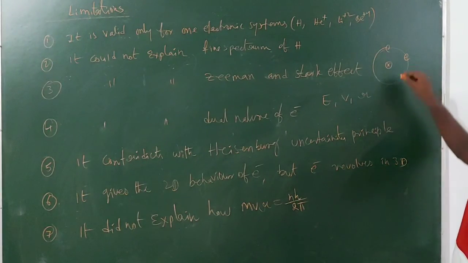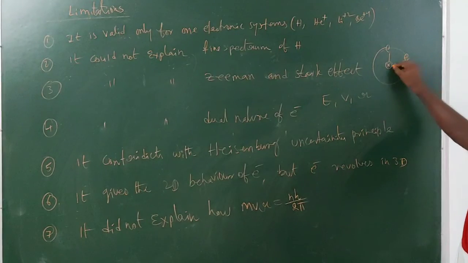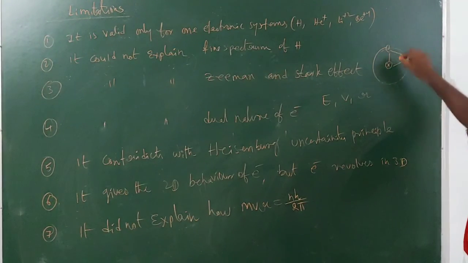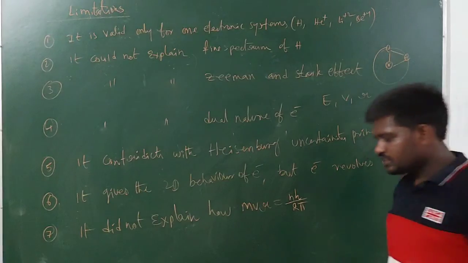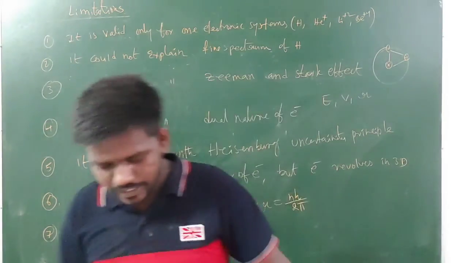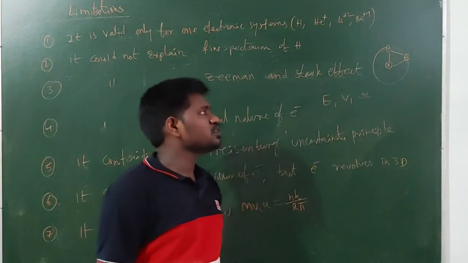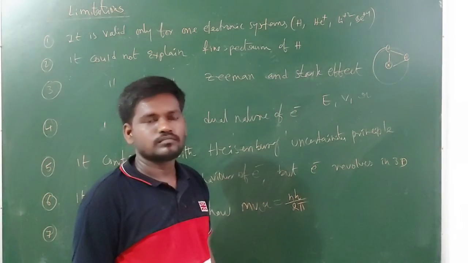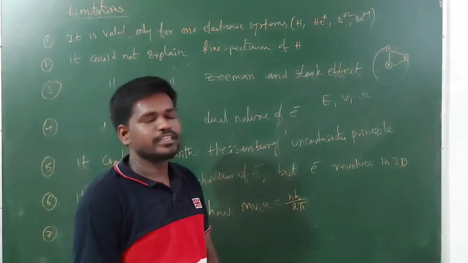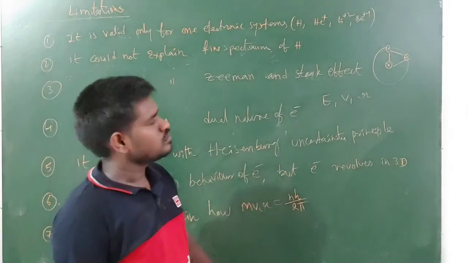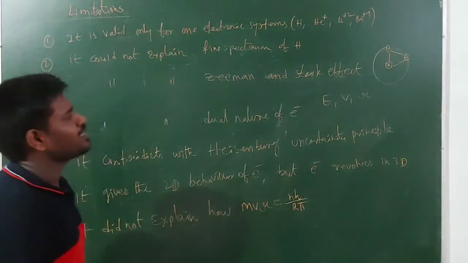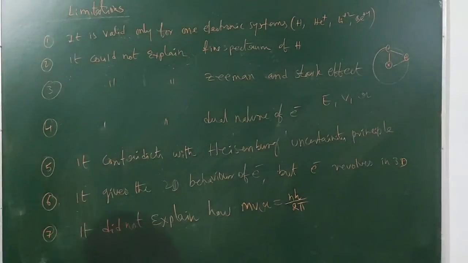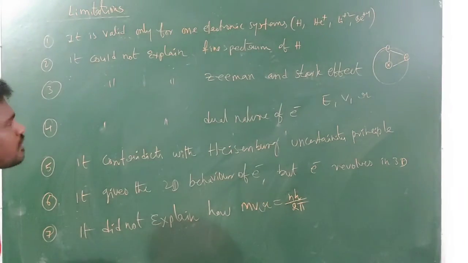What are they? Attractions between the electron and nucleus, and repulsions between the 2 electrons. So this theory could not explain the repulsive forces between the electrons present in multi-electronic systems. So this was not applicable for multi-electronic systems. Multi-electronic systems means they contain more than one electron.